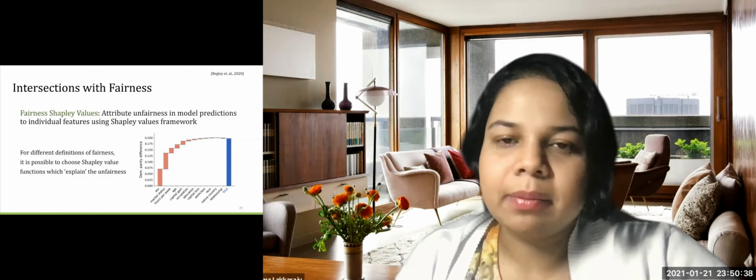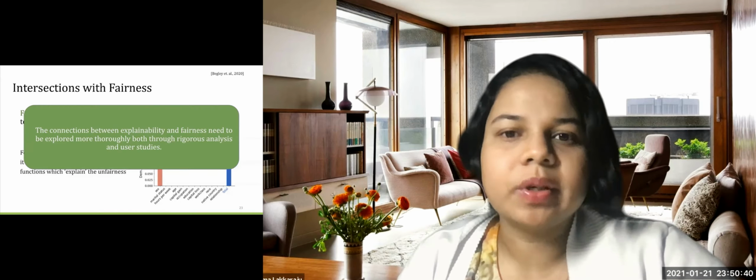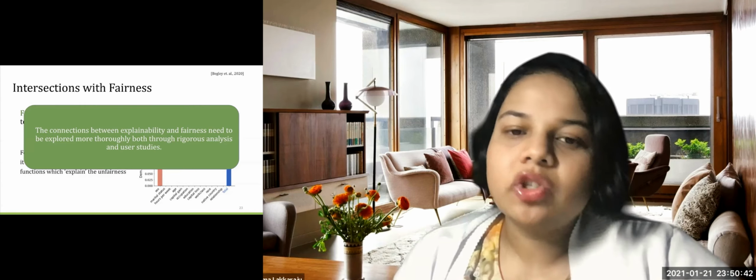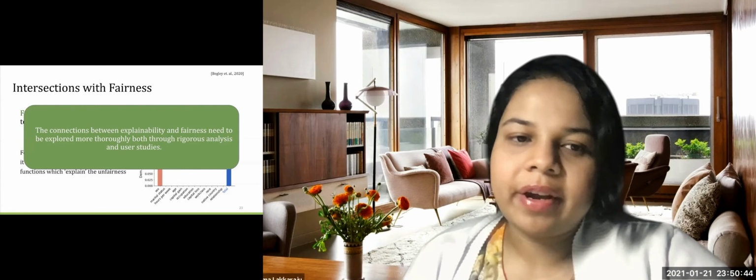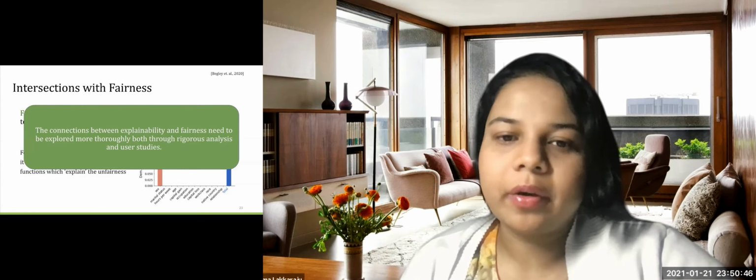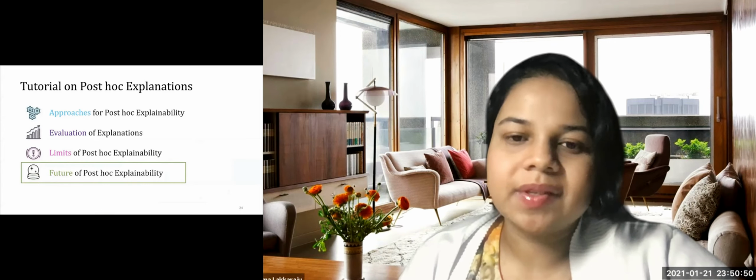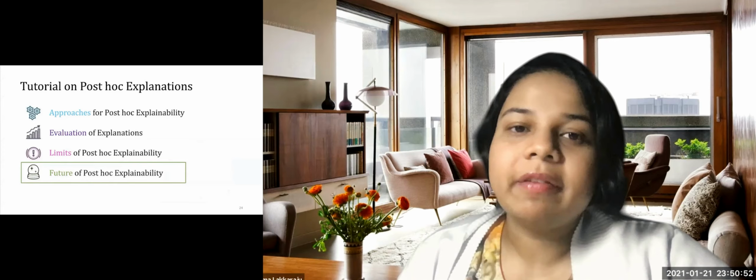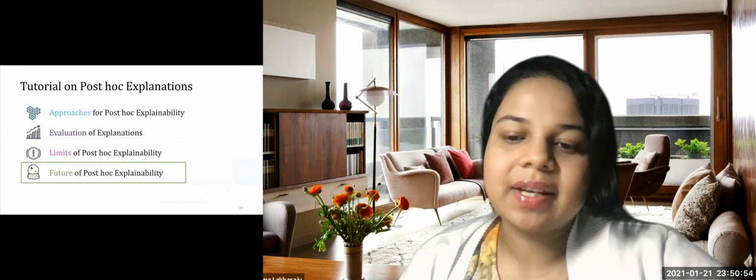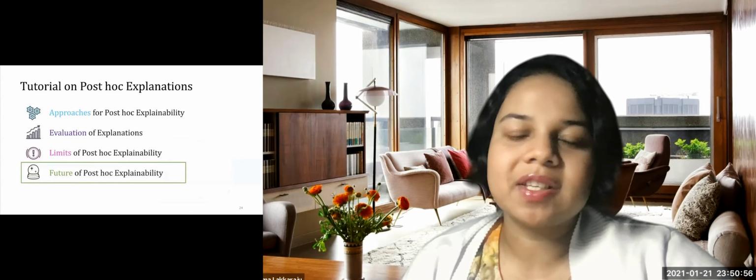This is another interesting piece of work that we would encourage all of you to look at. So the connections between explainability and fairness need to be explored more thoroughly, both through rigorous theoretical analysis as well as user studies. With that, we have come to the end of this discussion on the future of post hoc explainability.